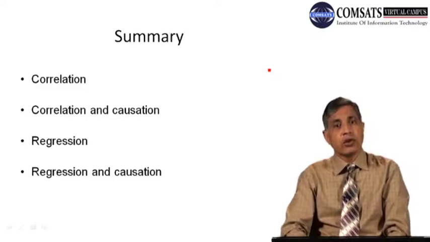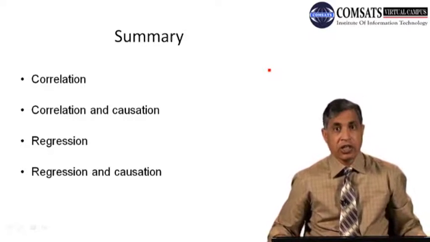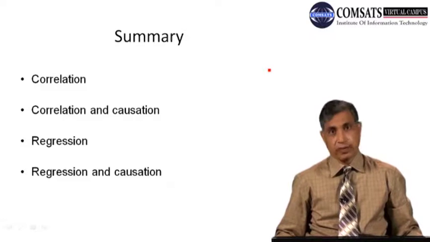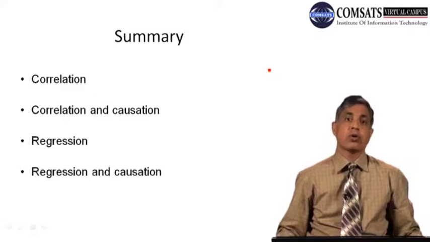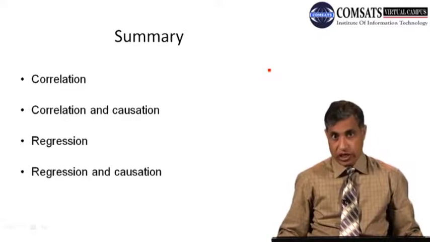When it assumes the value of +1, it means there is 100% positive correlation between variables x and y. If it assumes -1, it means that the correlation is negative, but it is also 100% correlation.